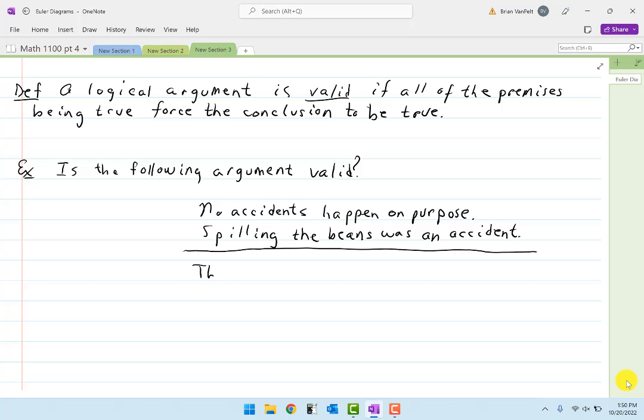The beans were spilled on purpose. So what we have here, these things here are premises. These are things that we take to be true. That's the first part. The second part is the conclusion.